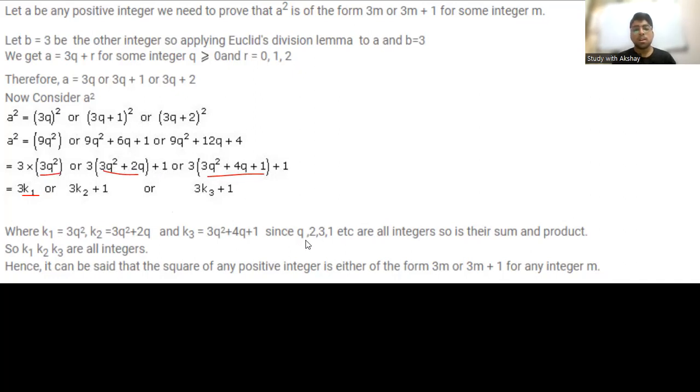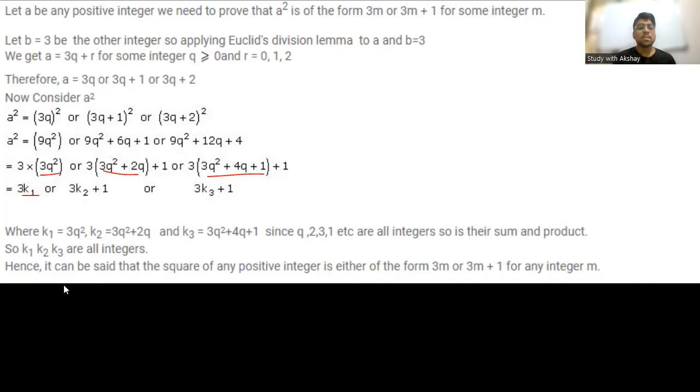Since k1, k2 and k3 are sums or products of integers, we have told in the previous question that addition and multiplication of integers is an integer itself. So you can see over here, k1, k2 and k3 are integers.